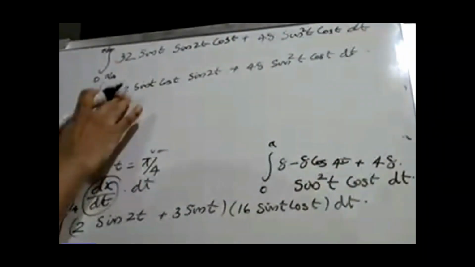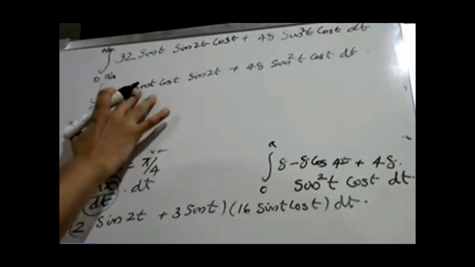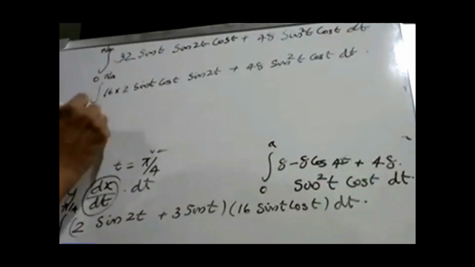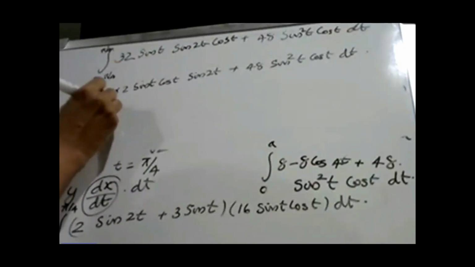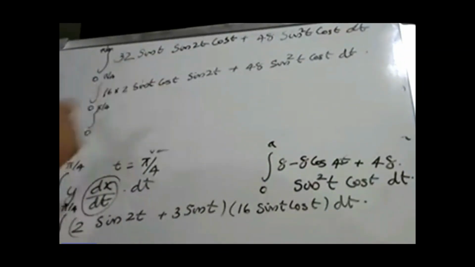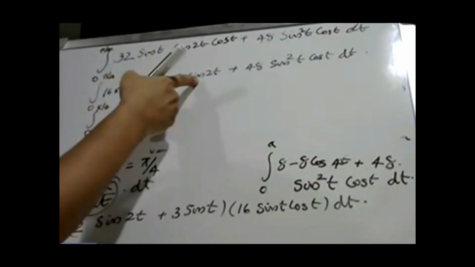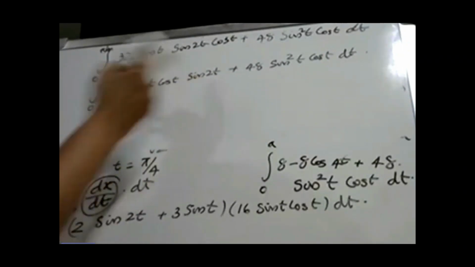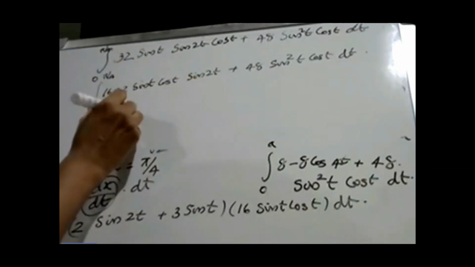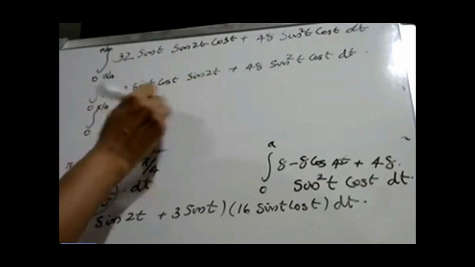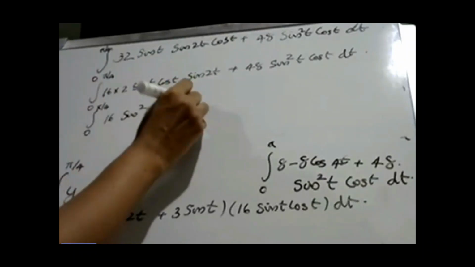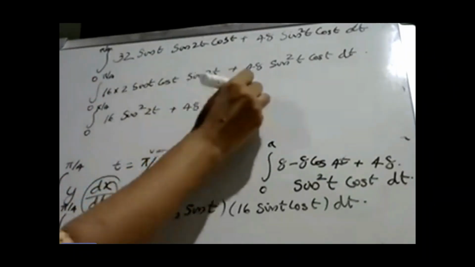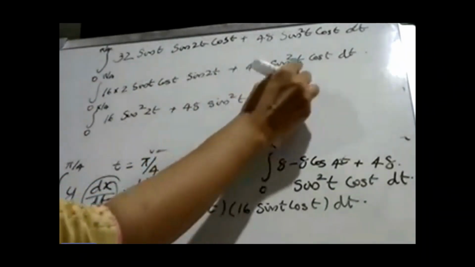I am only making some calculations in the first part. So this is now the integral from 0 to pi over 4, where 2 sin t cos t is equal to sin 2t, and here also one sin 2t. So this is 16 sin squared 2t plus 48 sin squared t cos t dt.